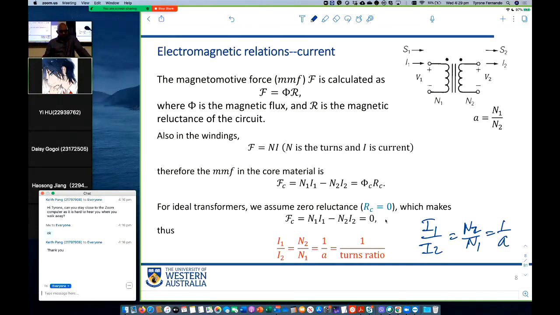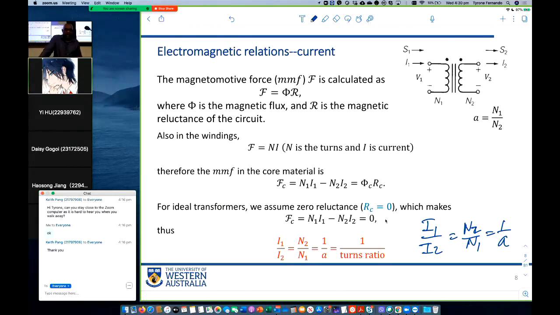Now, if a current is flowing, the magnetomotive force is the number of turns times the current, right? It has a sign. If current flows into the dot, the magnetomotive force is positive. If current flows out of a dot, the magnetomotive force is negative. So the MMF is therefore N1I1, because I1 flows into the dot, and it's negative for the secondary because I2 is flowing out of the dot, so it's minus N2I2.